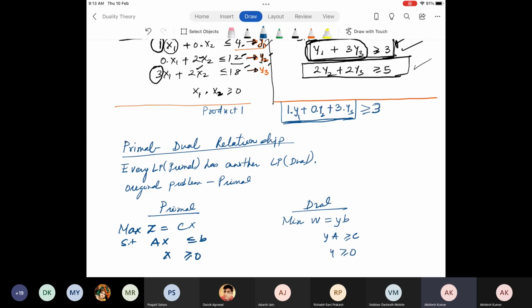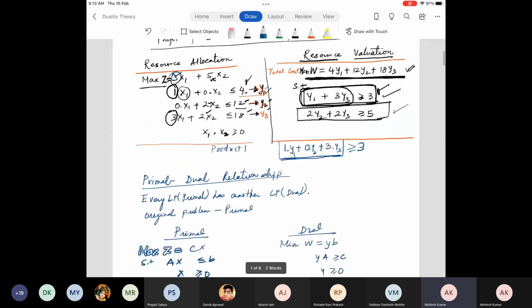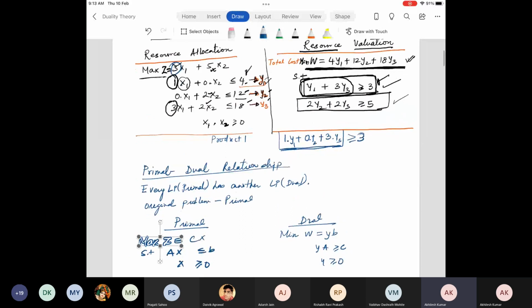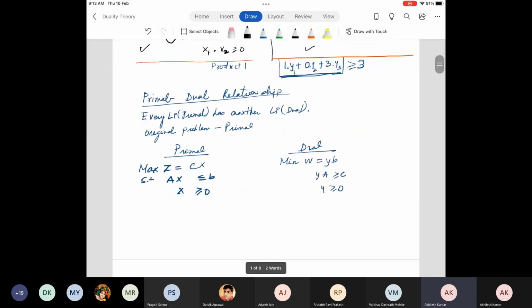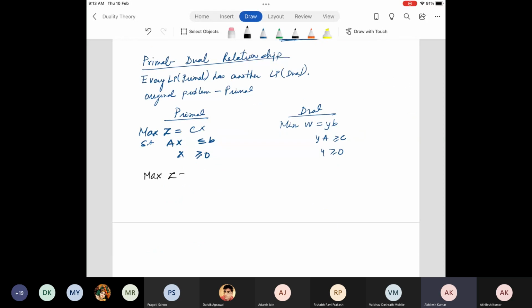Let's see if that is the case in the window glass example we just did. This is my primal problem and this is my dual problem. I will write it again. Maximize G equals 3x1 plus 5x2, x1 is less than or equal to 4, 2x2 is less than or equal to 12, 3x1 plus 2x2 is less than or equal to 18, x1, x2 greater than or equal to 0.